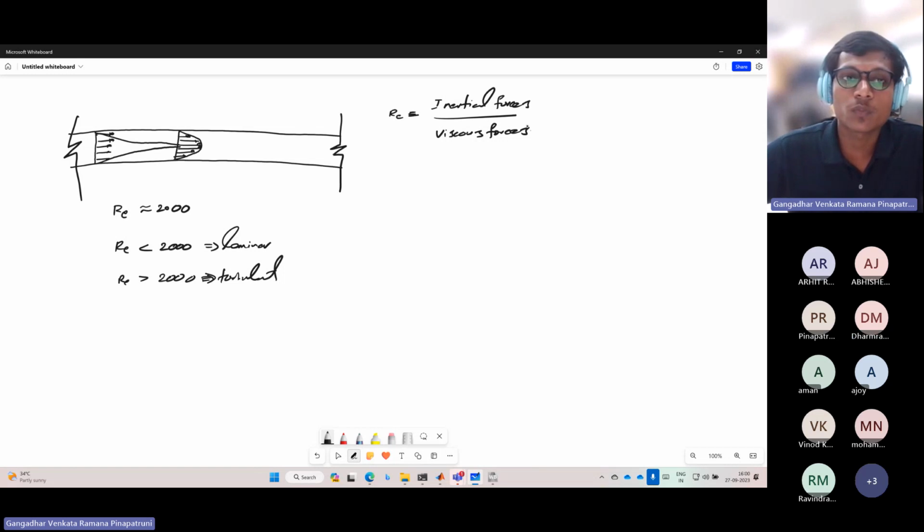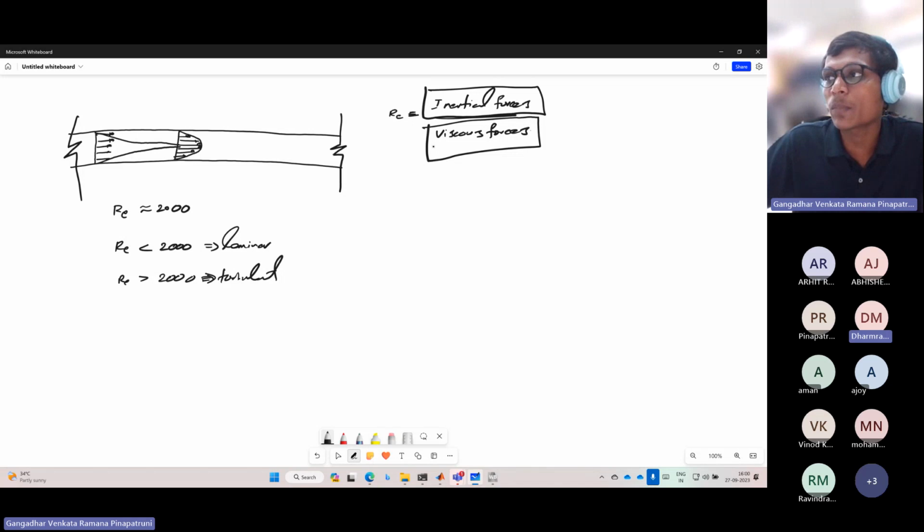Suppose Arhit just woke up from the bed after a long sleep. He has so much of, sorry, not inertia, viscous forces. That means he cannot do any work in a rapid manner. Anything he does just after waking up from the bed, he does in a very lazy way, for some time until he freshens up. He moves in such a way that every task is slow.